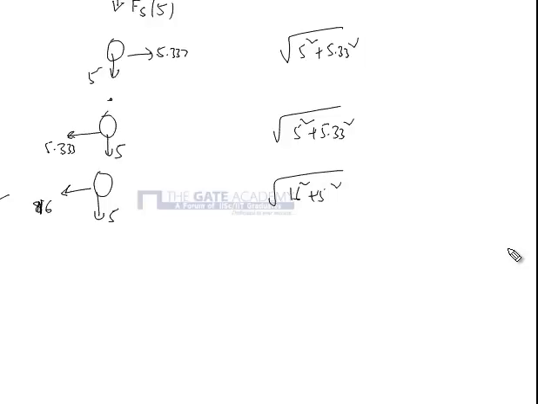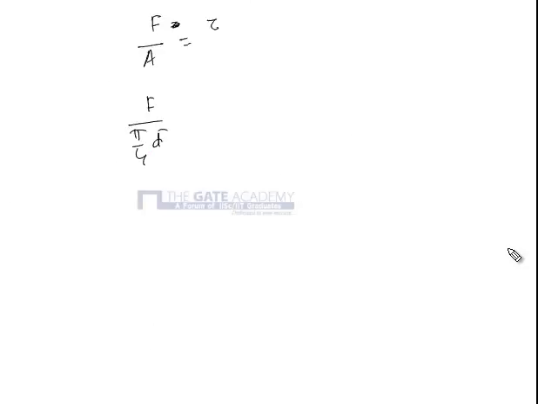Because this is the heavily loaded rivet, we need to design for it. The total load divided by the area is the shear stress induced, and the area of cross section is pi by 4 d square. My tau should always be less than tau max, otherwise it may fail.